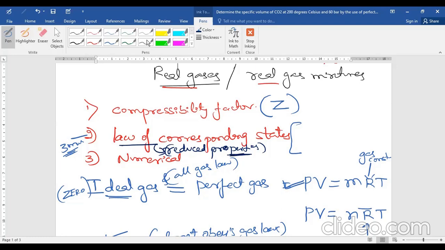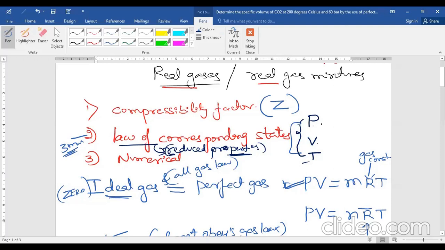Pressure, volume, and temperature. In most cases we will deal with these three. So reduced properties you have to define with respect to pressure, volume, and temperature. As the name indicates, it is reduced.